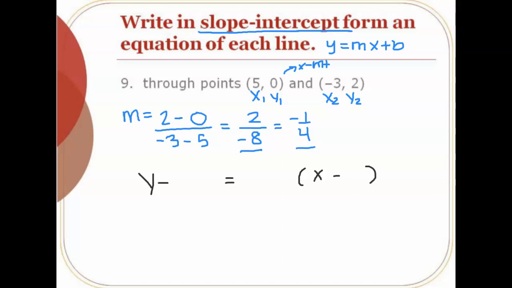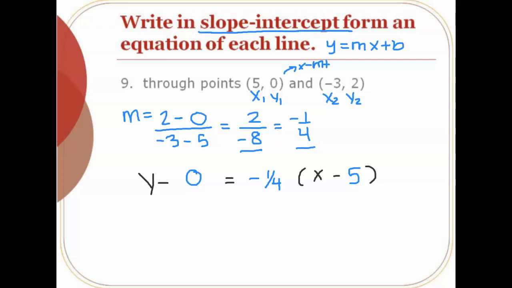We're going to use y minus y1, and in this case my y1 was 0, equals my slope, which is negative 1/4, times x minus x1, which was 5. Now, I used the point (5, 0).